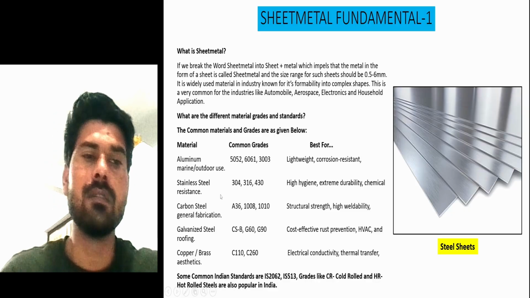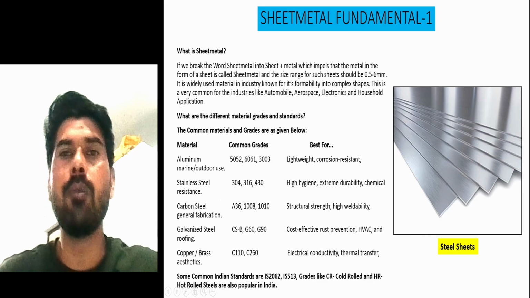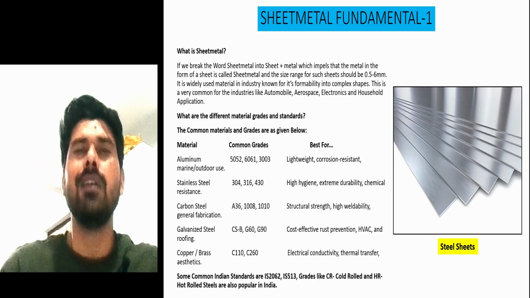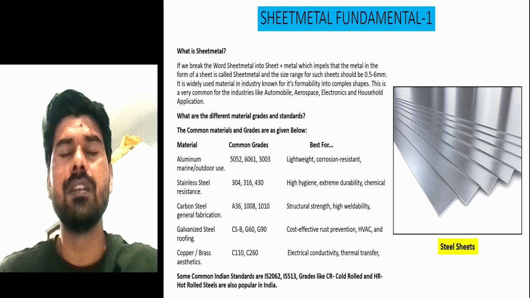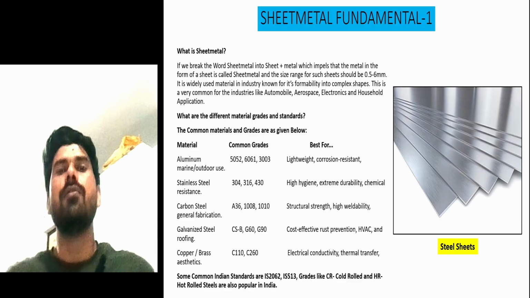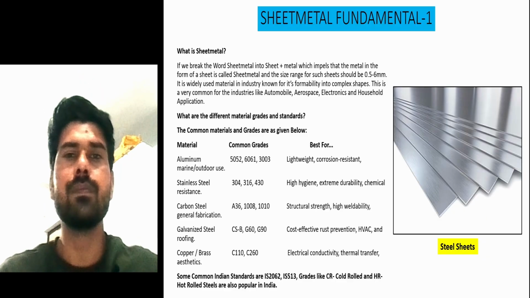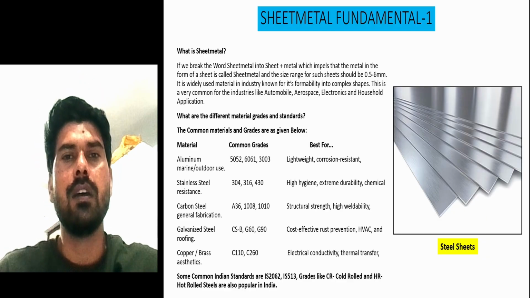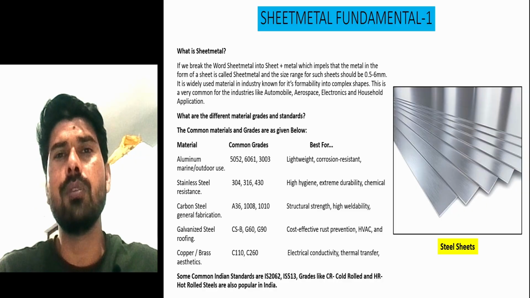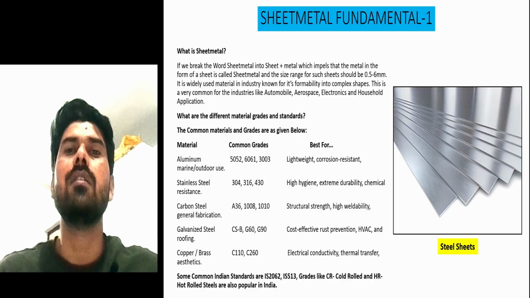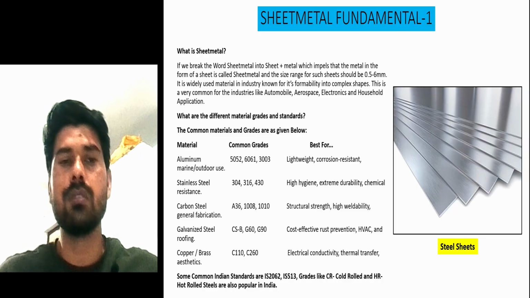And next is SS, which is also very popular for application in corrosion resistant areas, and also very popular for strength purposes. So it has both qualities, strength as well as corrosion resistance.